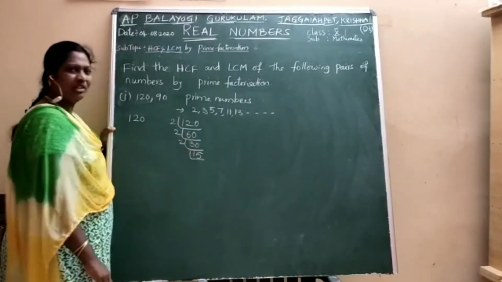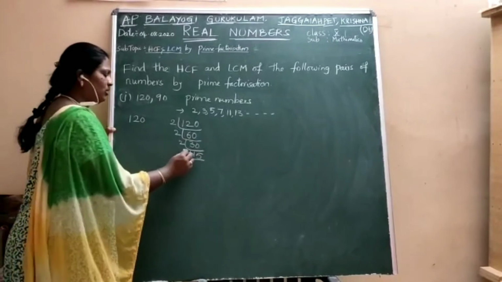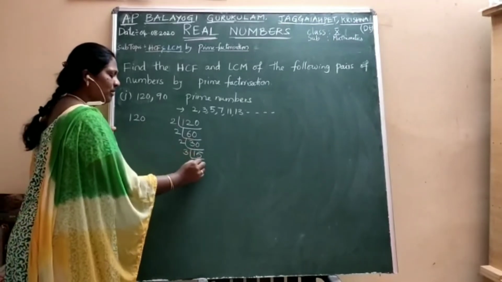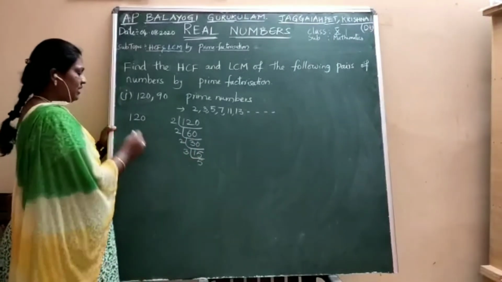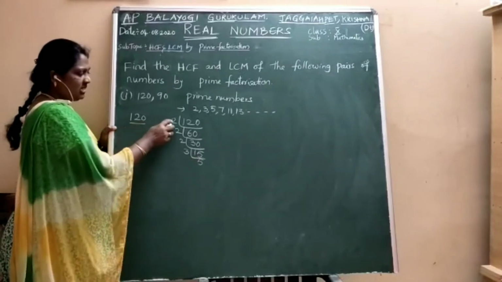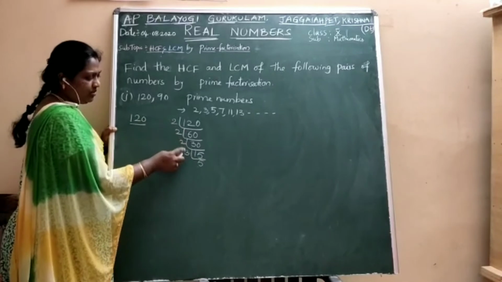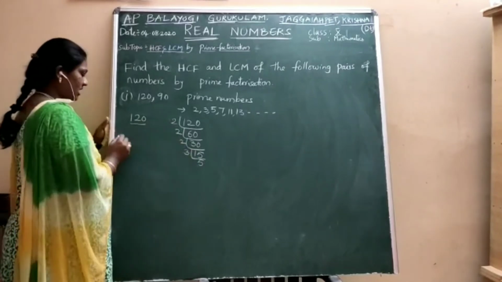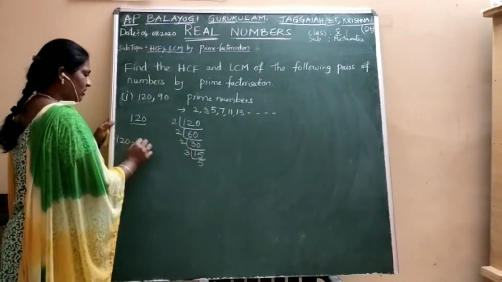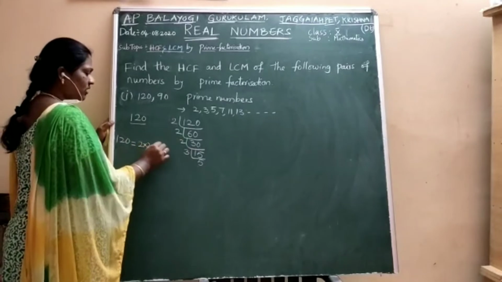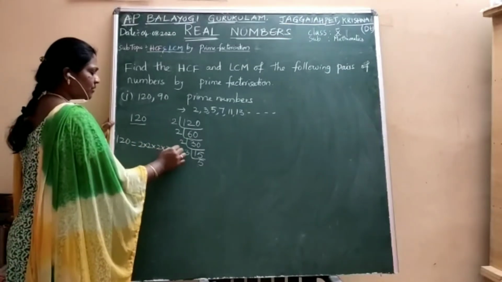There is no possibility for the 2 table, so we go to the 3 table. 3 table, 5 times. So we converted 120 into a product of primes: 120 equals 2 into 2 into 2 into 3 into 5.